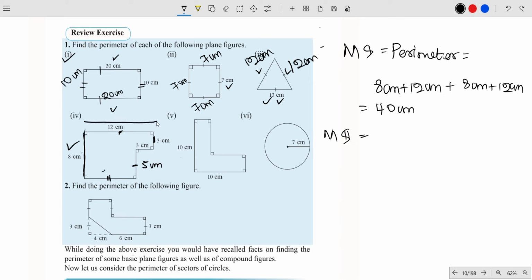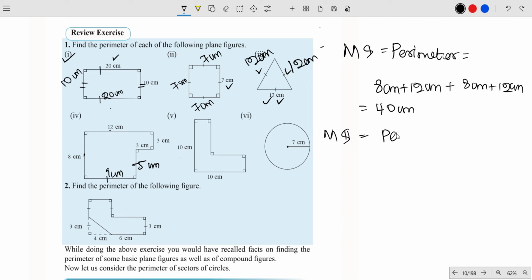Same like that, we can find this one. Totally this is 12. This part is 3, this part is 3. So this part will be the subtraction of 3 from 12, so 9 centimeters. So we have found all the sides of the shape. So finally we can find the perimeter. This one is 5 centimeters, this one is 9 centimeters.